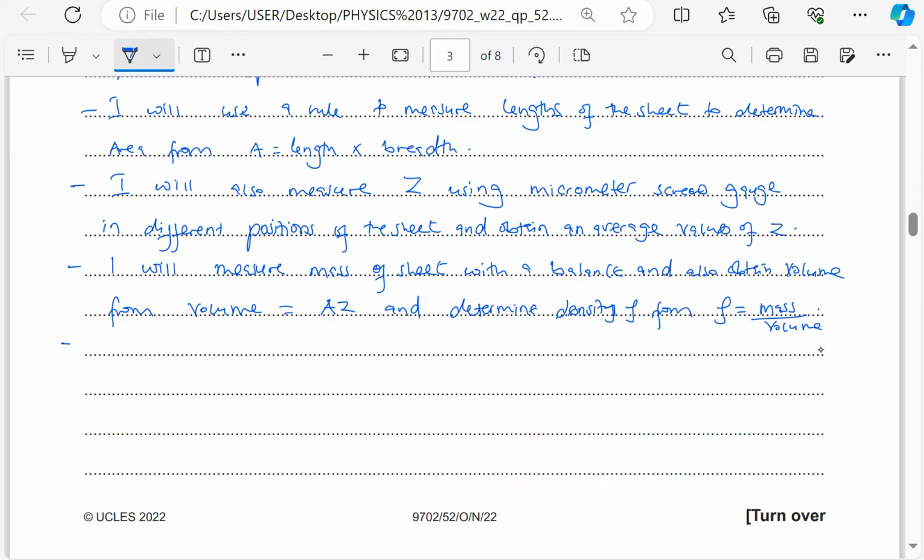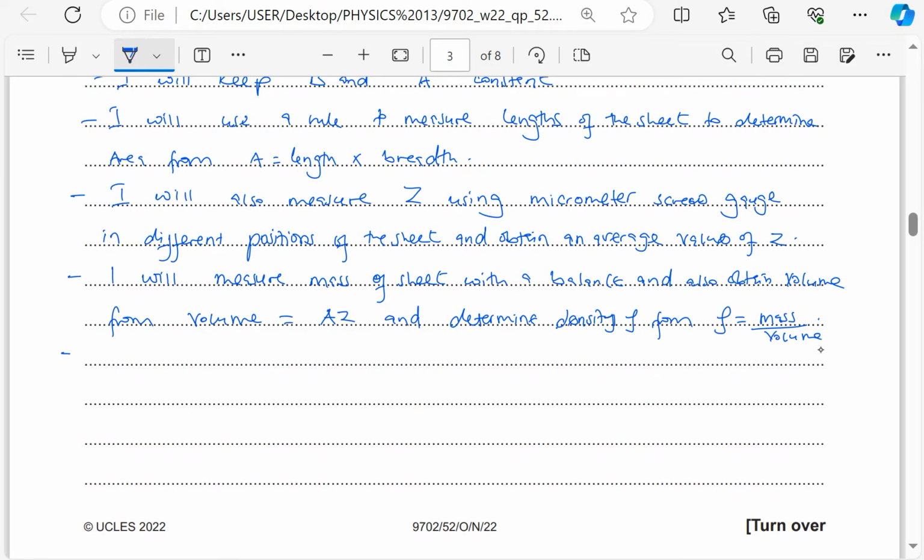Then the next step, I must measure also the magnetic flux density, because B should also remain constant. So I will measure B using, of course, magnetic flux density is measured using a Hall probe.